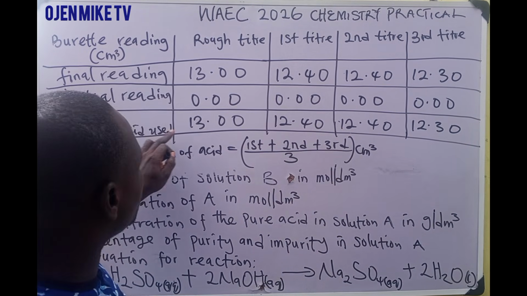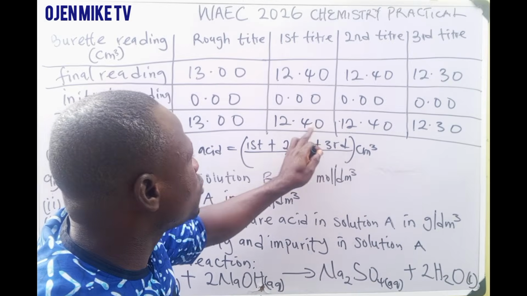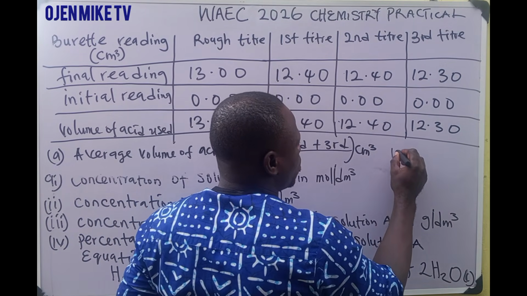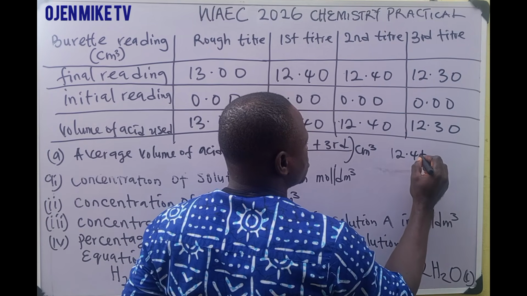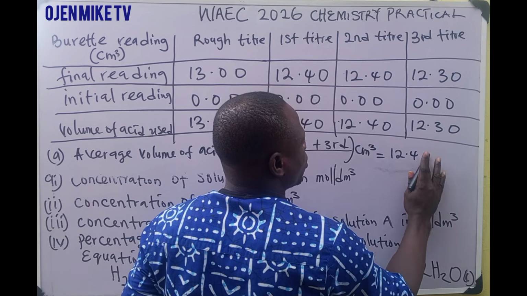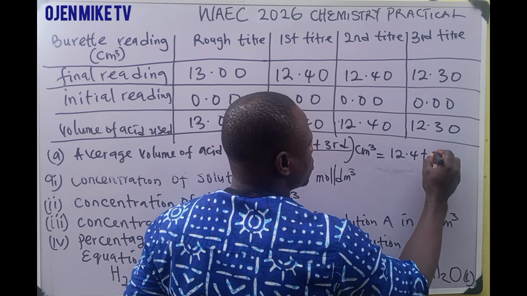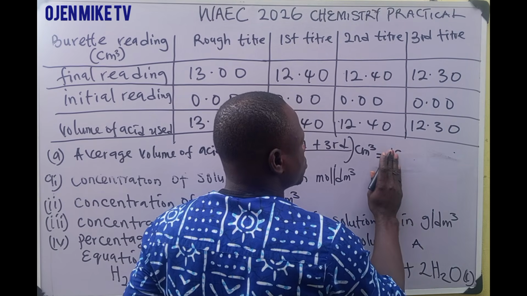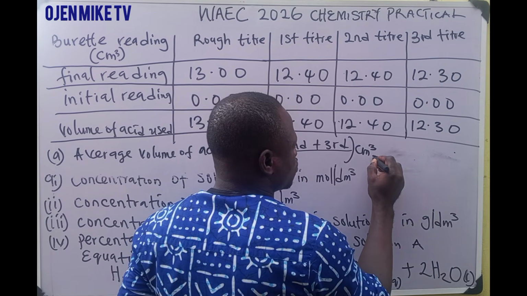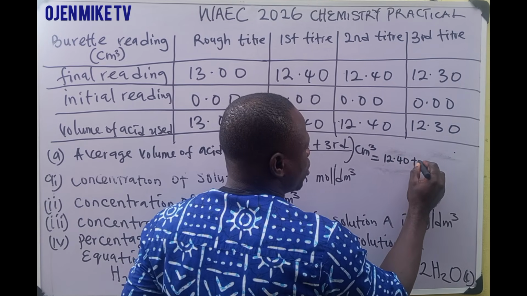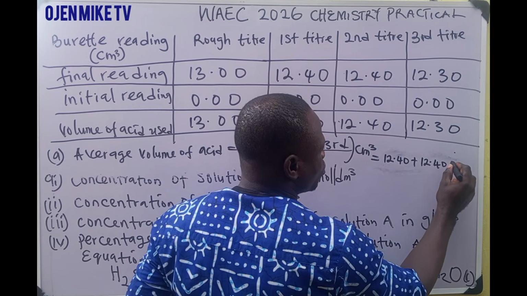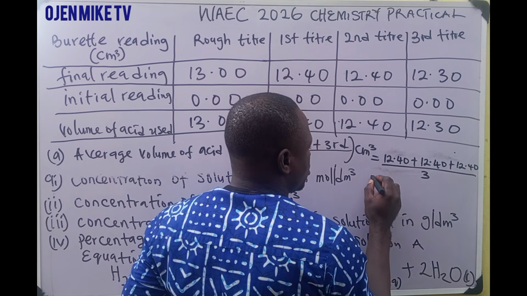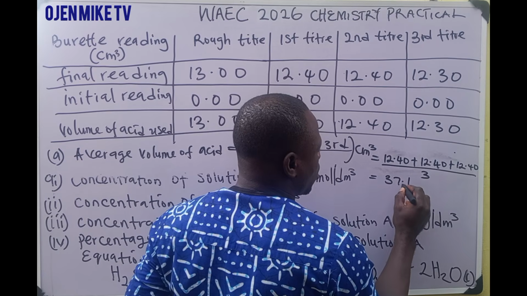So first titer, what is the average? Look at average volume of acid. You are using this value. Alright? We are using the one of first, second, and third. So we have first is 12.40 plus 12.40 plus 12.40, divide by 3, equals to 37.10.